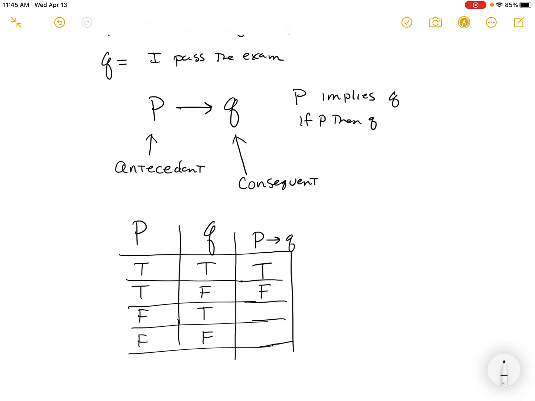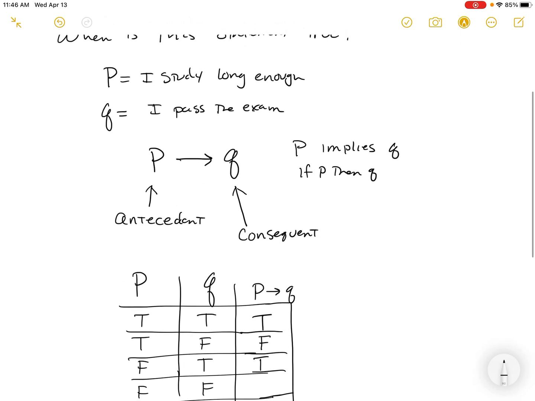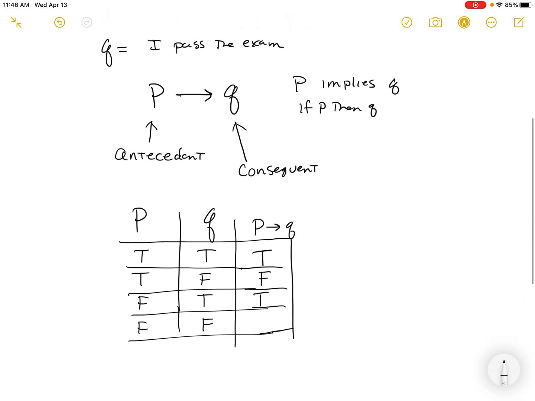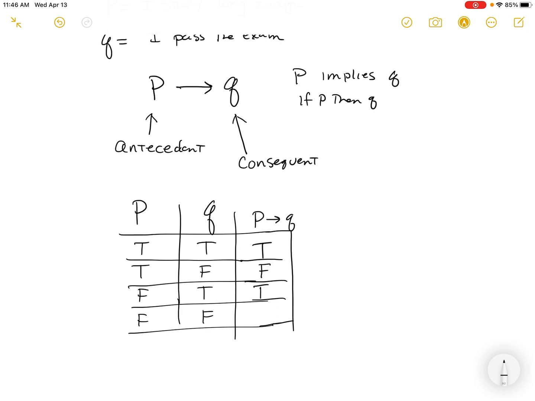Okay. And then what about here? I didn't study long enough, but I did pass the exam. Well, that's still a true statement because we're making no suggestions about what happens if I don't study long enough. If I don't study long enough, who knows what's going to happen? And so that's still a true statement. And we've made no statement about that. And if I don't study long enough and I fail the exam or don't pass the exam, that's also a true statement.